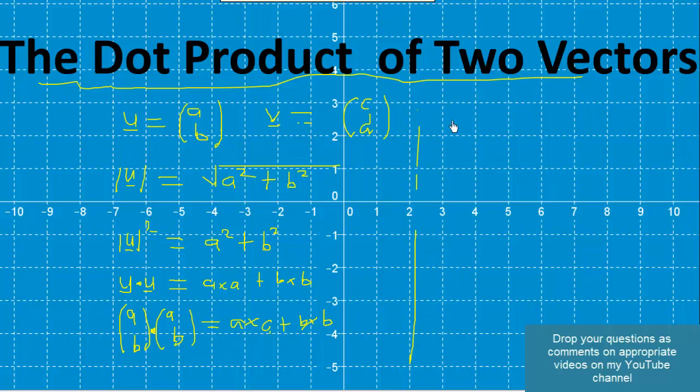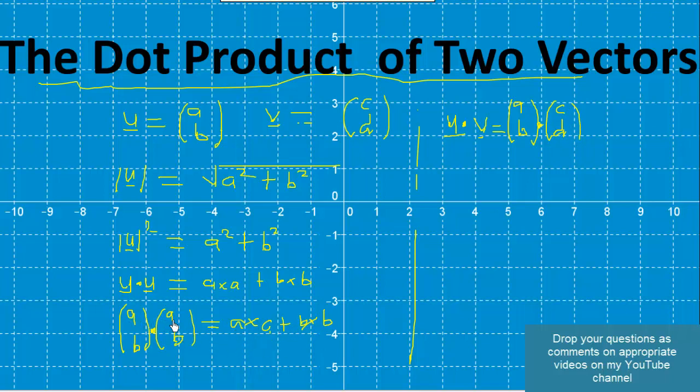So if we have u dot v, then this time we're going to have (a, b) dot (c, d). Look at how the brackets went away.